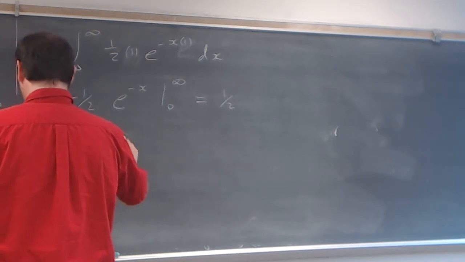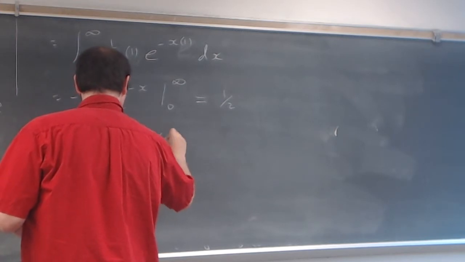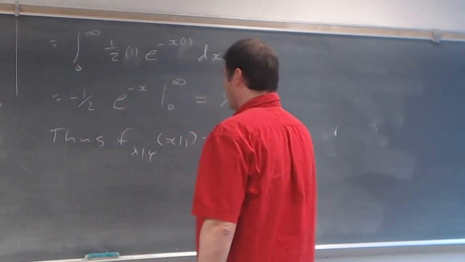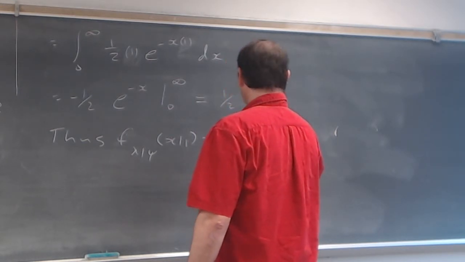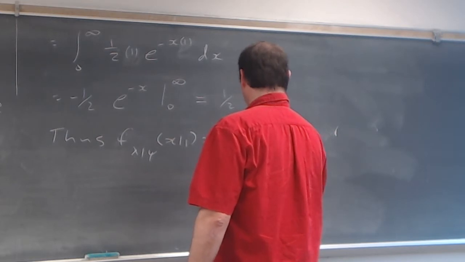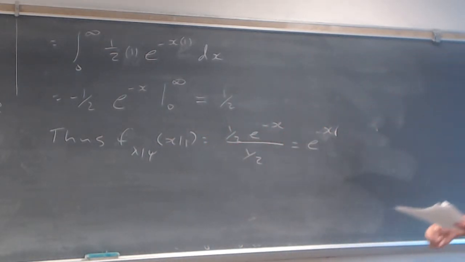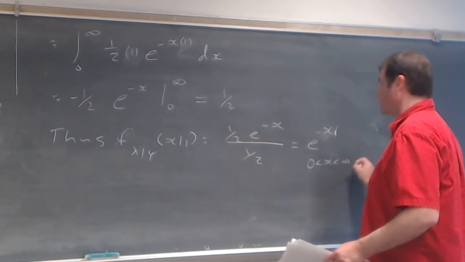Thus, the conditional probability density function of x given y equal to 1 would be equal to f of x comma 1. That's going to be 1/2 e to the minus x over 1/2, which is just equal to e to the minus x. And here x runs from 0 to infinity.